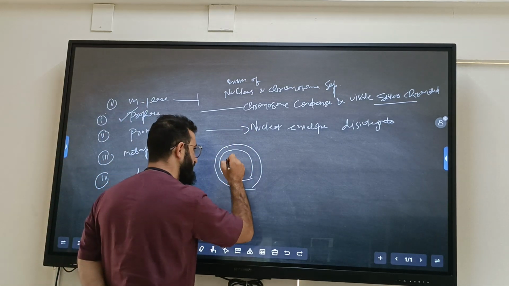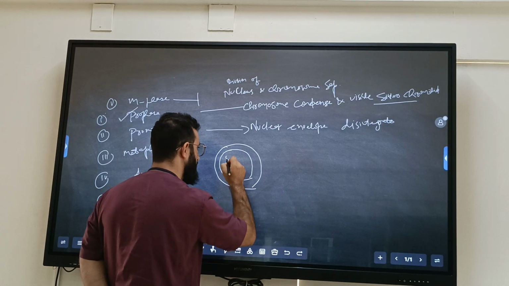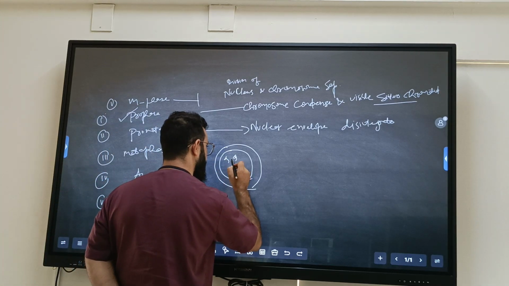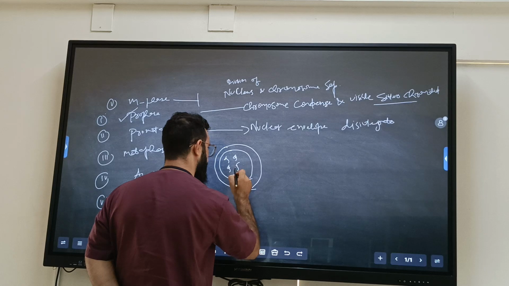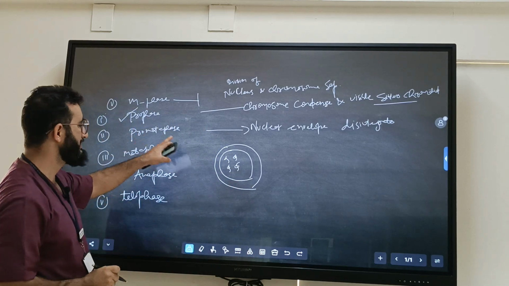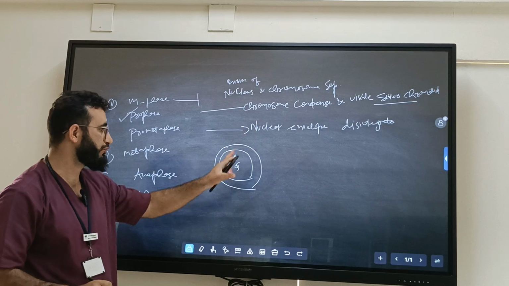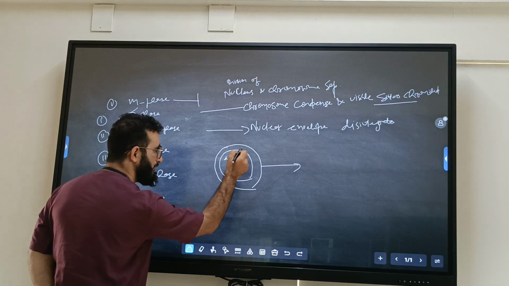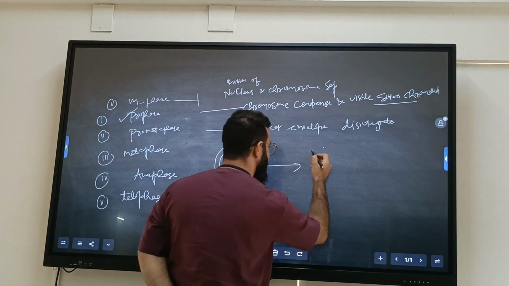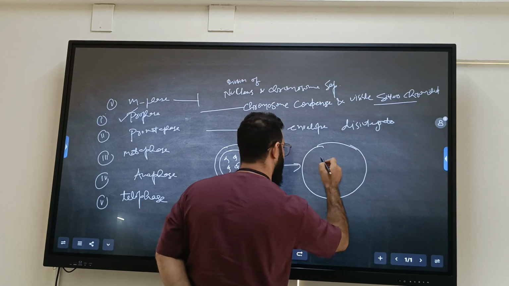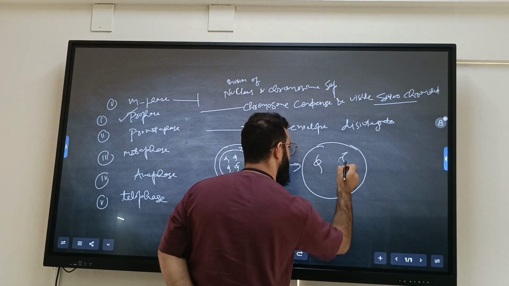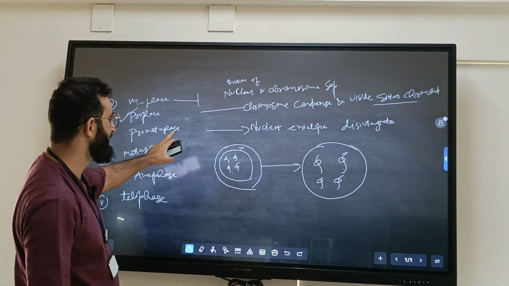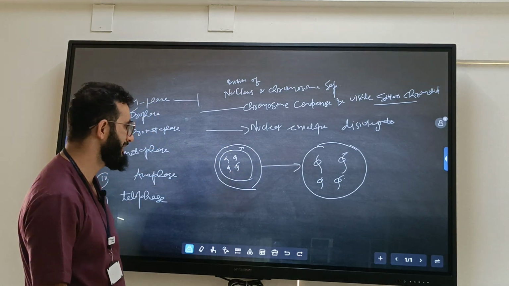The chromosomes will become visible and appear as sister chromatids, like this. Then in prometaphase, this is a nucleus and this is a nuclear membrane. It will disintegrate, and these chromosomes will come into the cytoplasm. So in prometaphase, there is nuclear envelope disintegration.